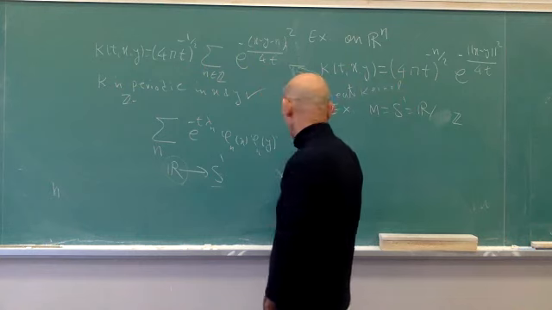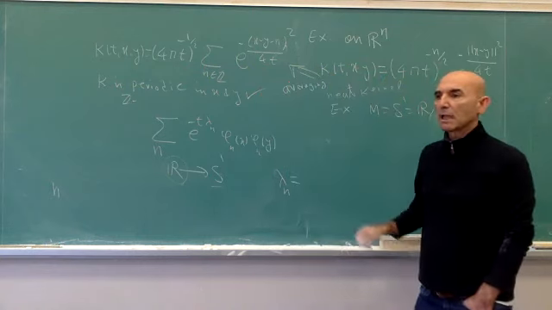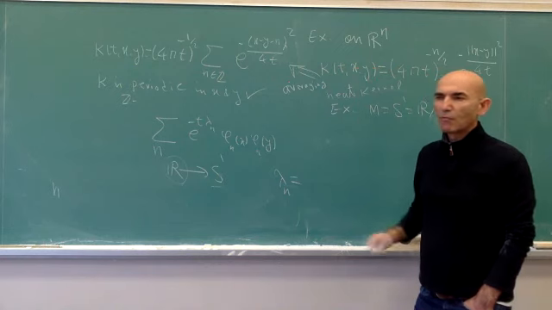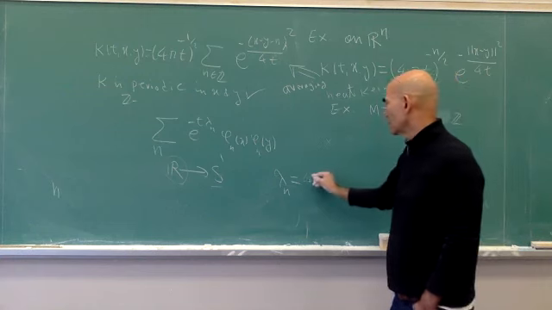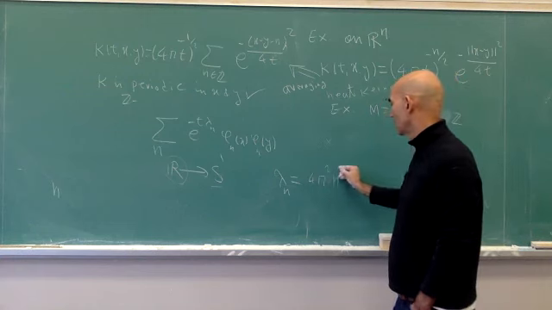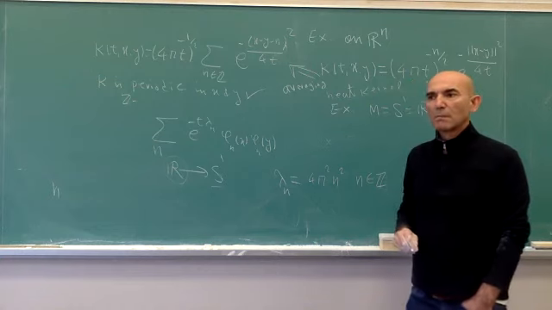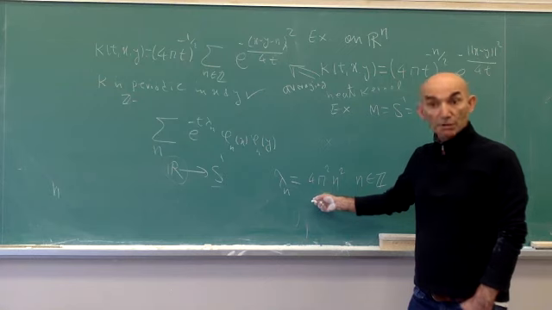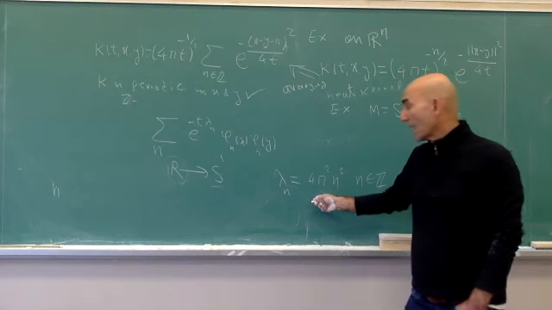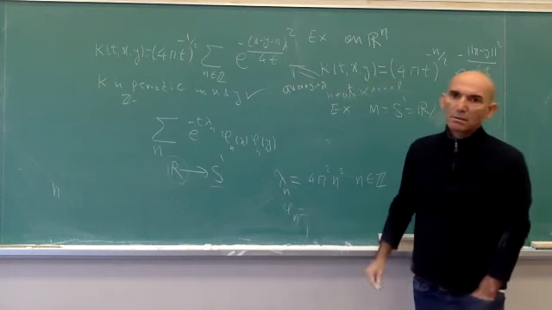After all, what is lambda n? Lambda n is, in this case, 4 pi squared n squared, and we can index them by Z so that the multiplicity is taken care of. And then what is phi n?